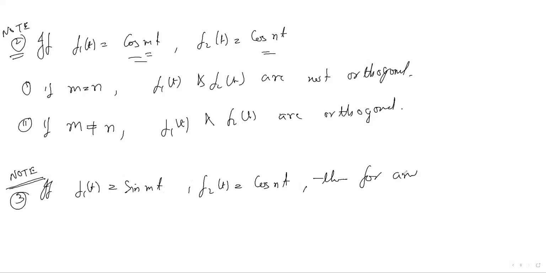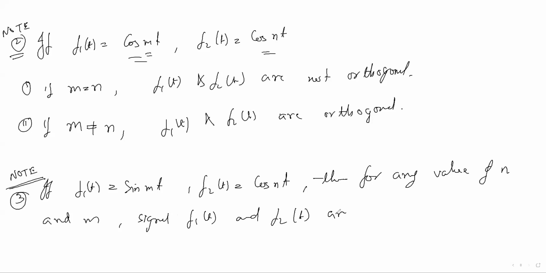Then for any value of n and m, signals f1t and f2t are orthogonal. Have you understood? Try this in your copy at home, and let me know whether you can solve it or not.